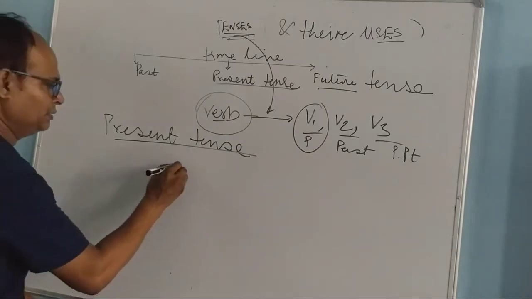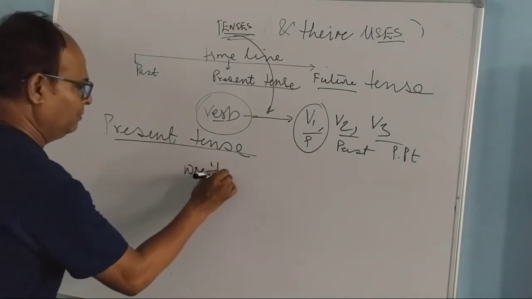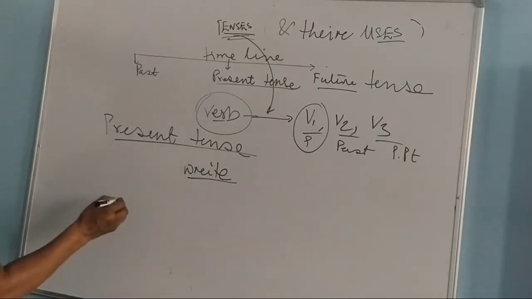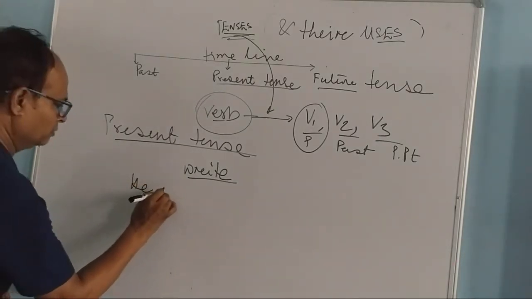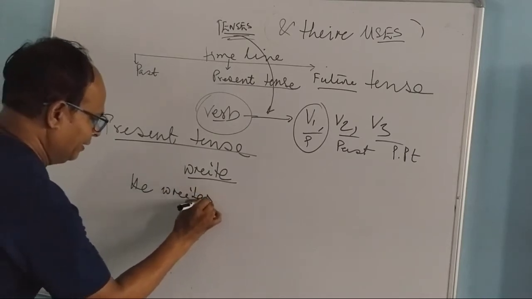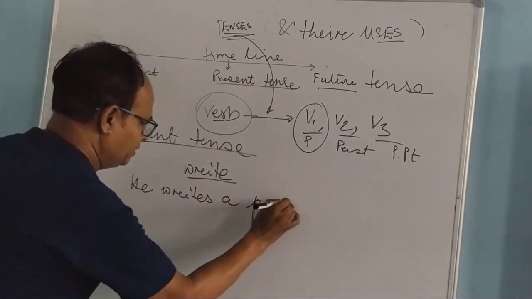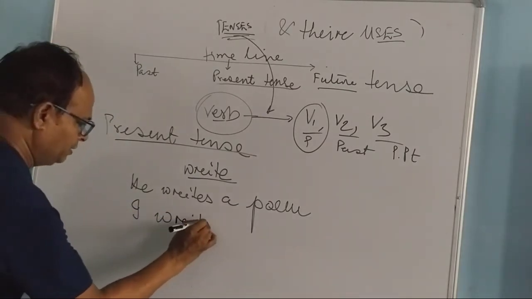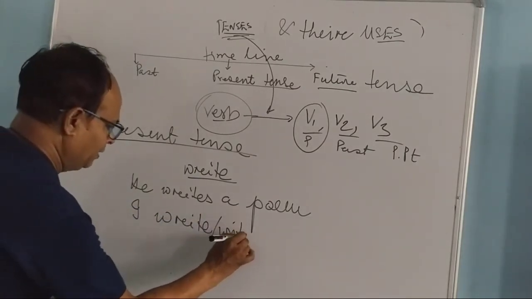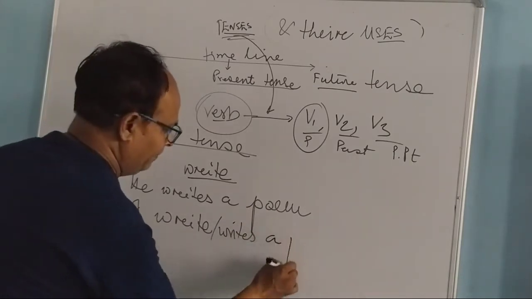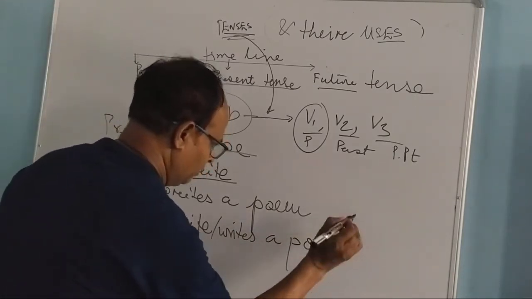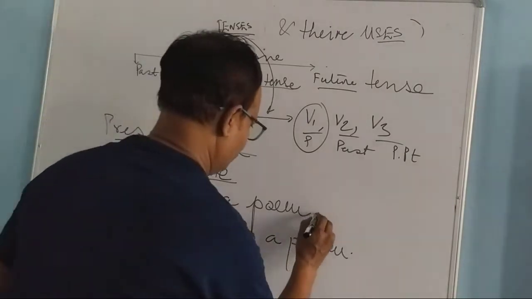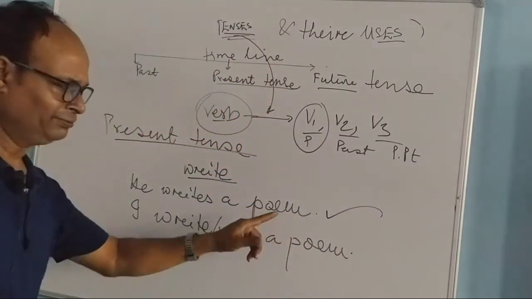Suppose the verb is write. Then, he writes a poem. My dear children, which one is correct here? You see, he writes a poem. This one, full stop.